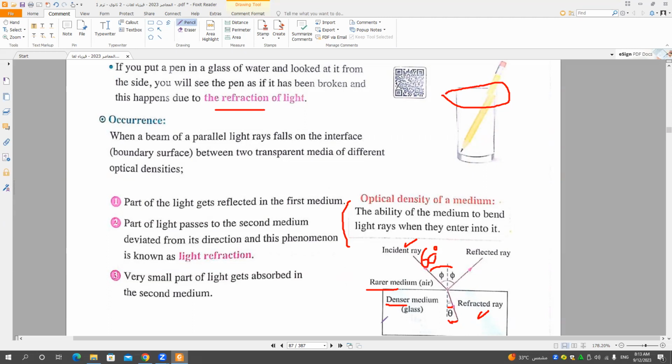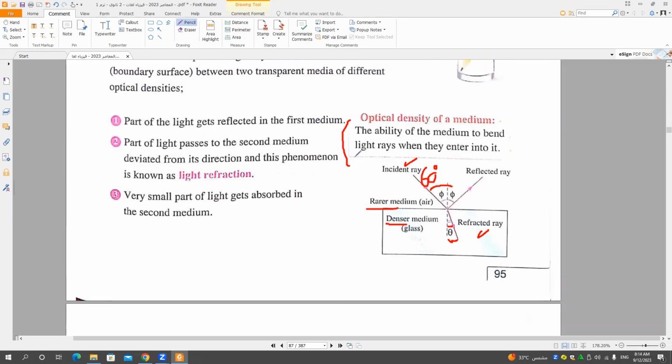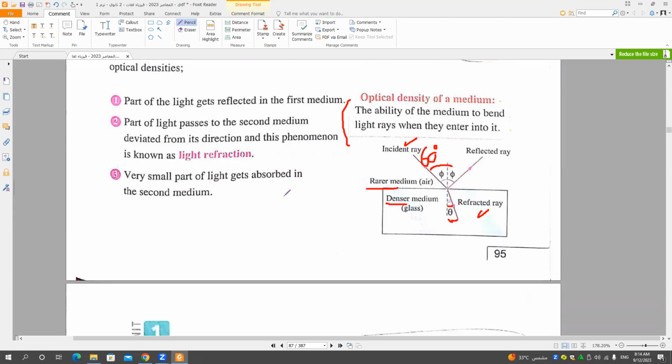When light rays come from water to air, from air to alcohol, or from glass to oil, it will be refracted. Why? Because the optical densities of the two media are different from each other.